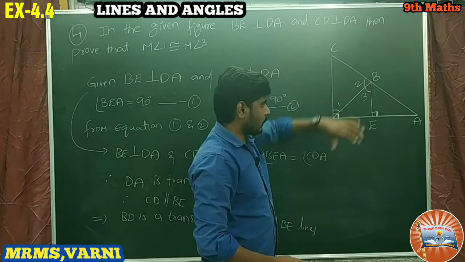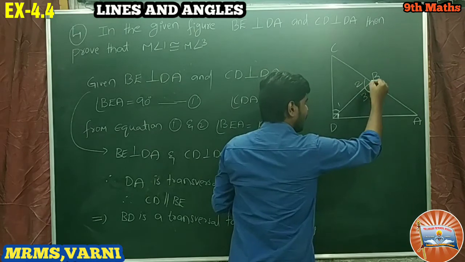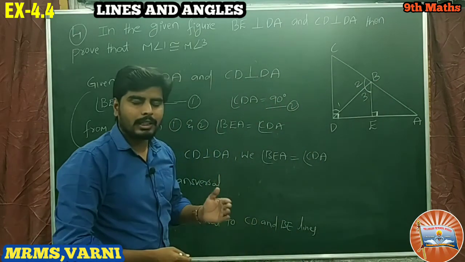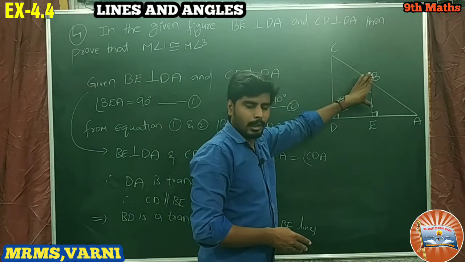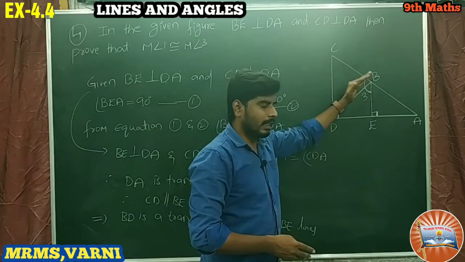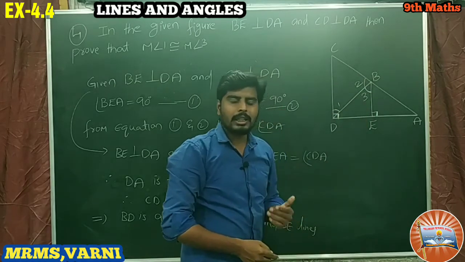If this is a transversal, angle 1 and angle 3 are alternate interior angles. If CD and BE are parallel lines and BD is a transversal, angle 1 and angle 3 are alternate interior angles.